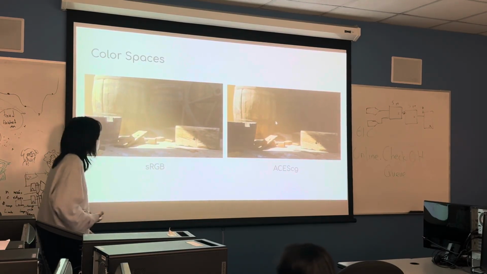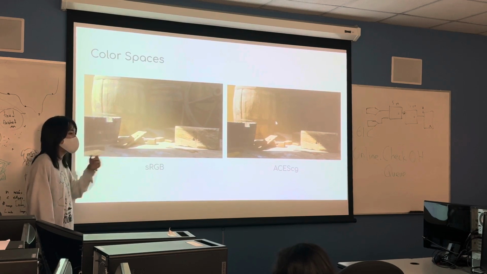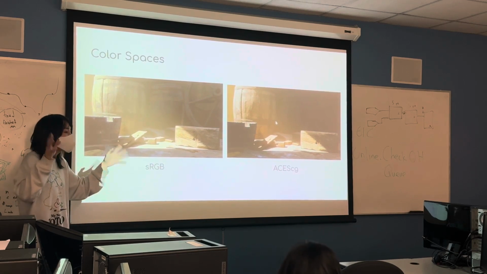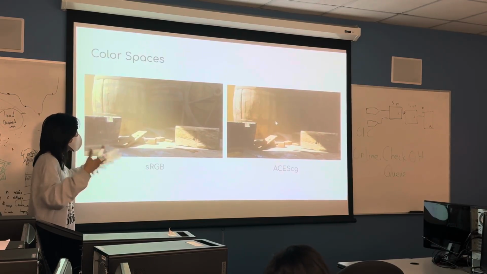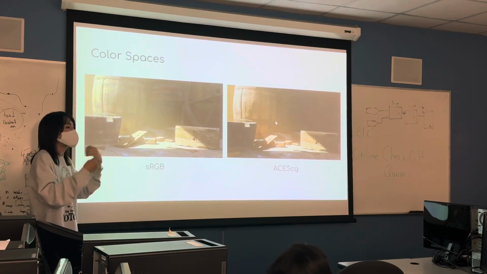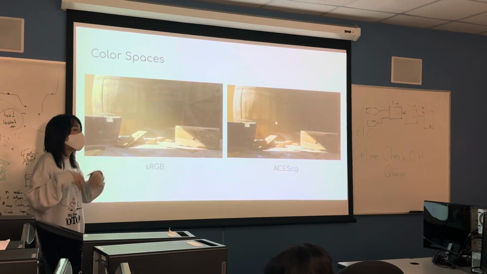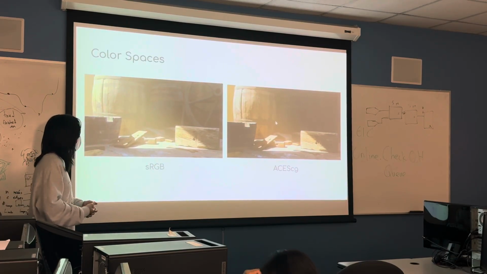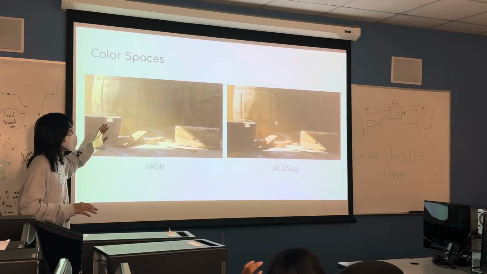If you look at the difference, in sRGB the colors tend to be a lot more washed out because it's not able to calculate enough colors. It's not able to represent all these colors, so when it does the calculation and you're displaying it in the final image, the colors tend to be really similar, right? You're not able to have a lot of dynamic depth or high dynamic range. There just aren't enough colors to represent the scene accurately.